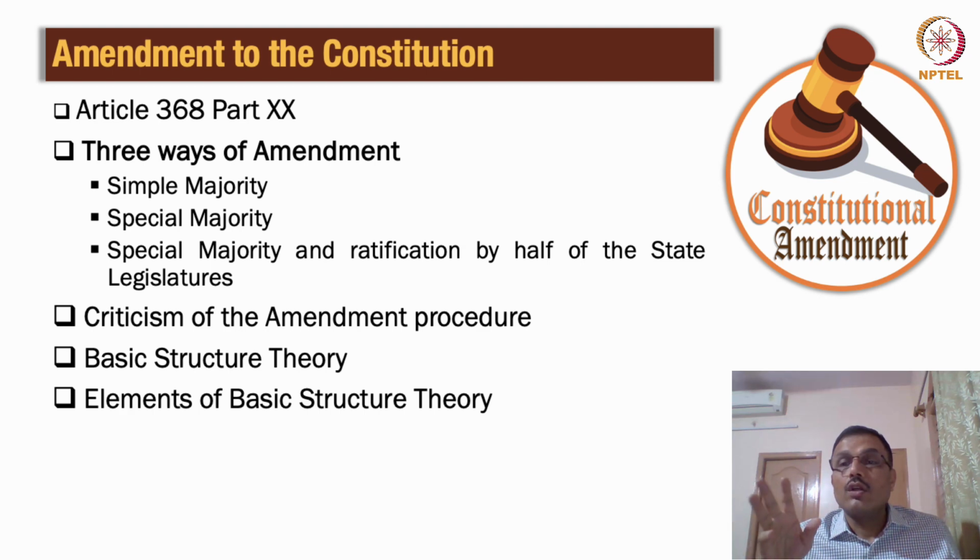So it's not two-thirds of those who are present, but two-thirds of the number of members in the house. Absentees and vacancies cannot be looked into to decide two-thirds. So that's very critical to bring in the rule of special majority.